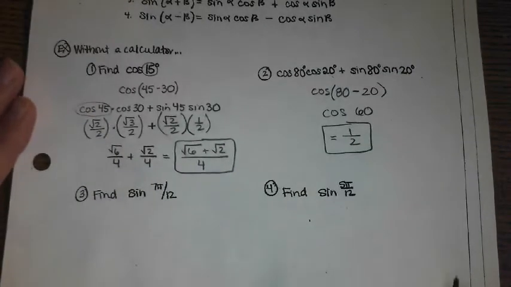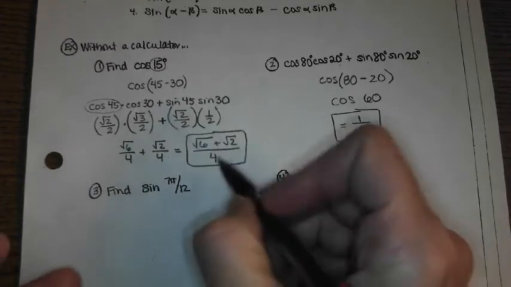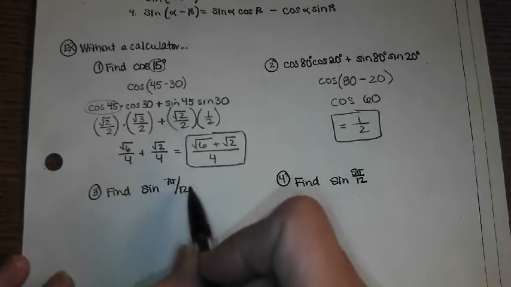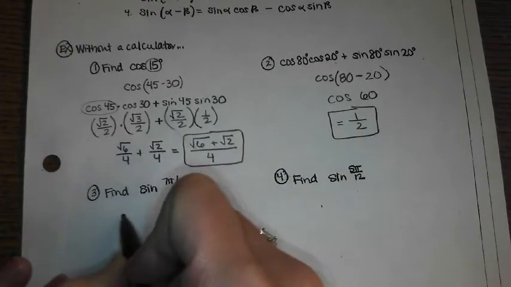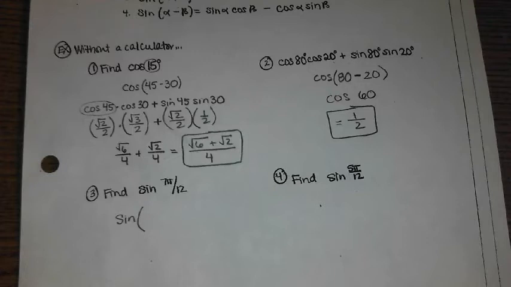Okay, here we have 7 pi over 12. Okay, so this is in radians, and we got to think a little bit about radians and what we know. We know pi's over 4s, pi's over 3s, pi's over 2s, and pi's over 6s. So at first I'm going to keep it pi over 12 and break up 7 pi into, and you can play around with it.